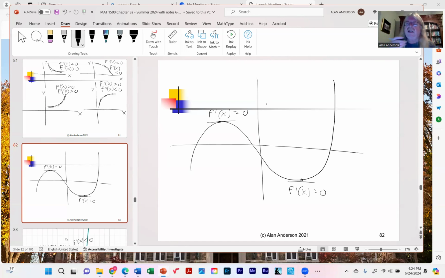Here's the question. How could you tell algebraically, without looking at a graph, if these are minima or maxima? Well, if you look at the curve carefully, you'll see that in this immediate region here, I'll tell you what, let's call this x1 and x2.